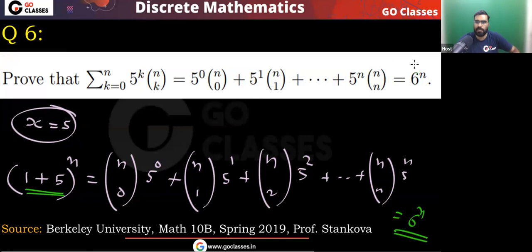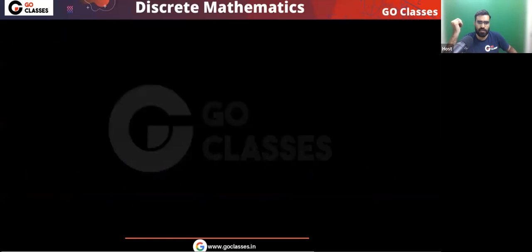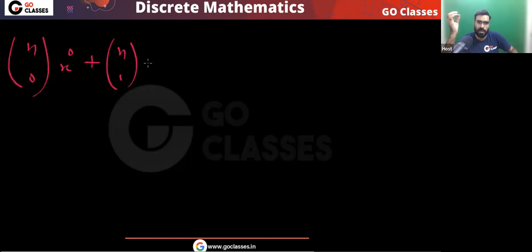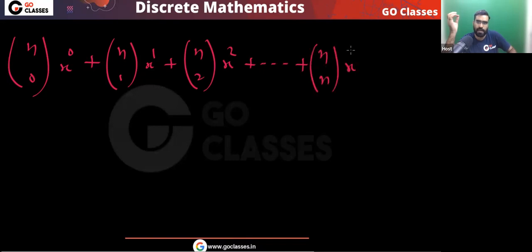Isn't it simple? This is what should come to your mind whenever you see this type of equation, like nC0 multiplied by x power 0, nC1 multiplied by x power 1, nC2 multiplied by x power 2, and so on up to nCn x power n.